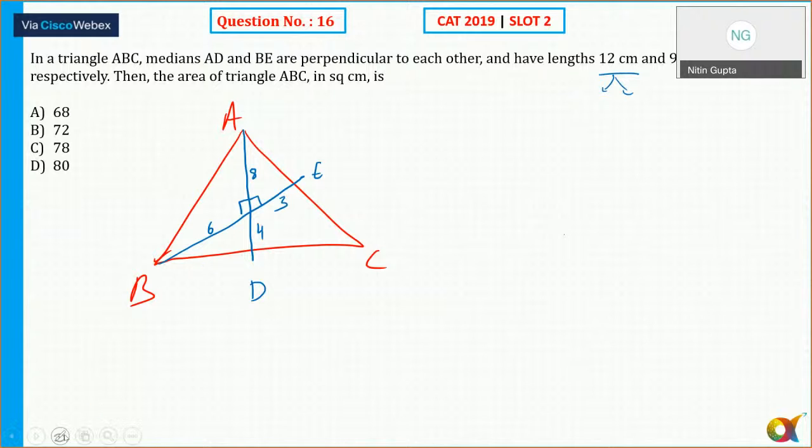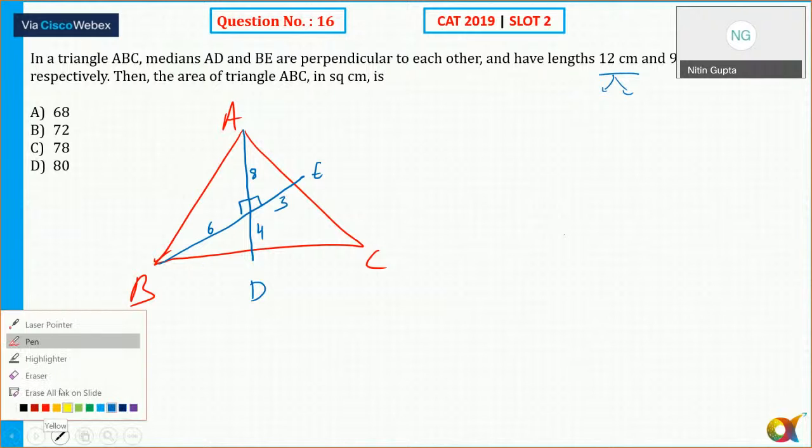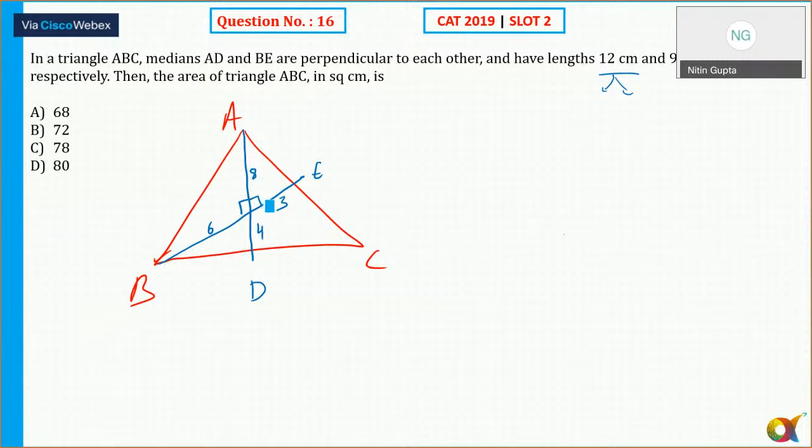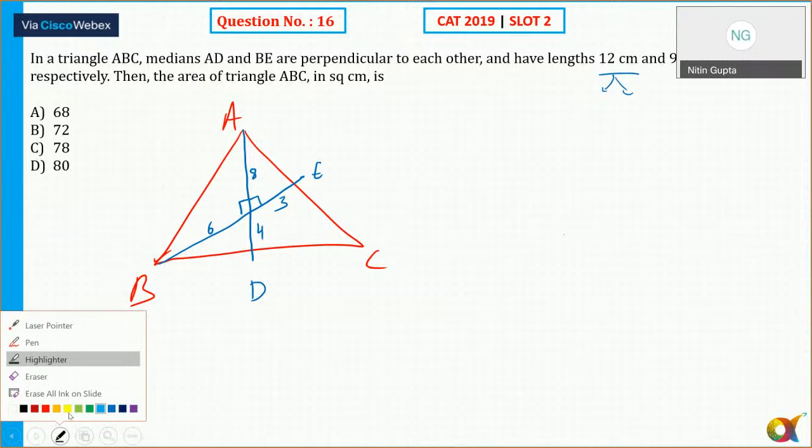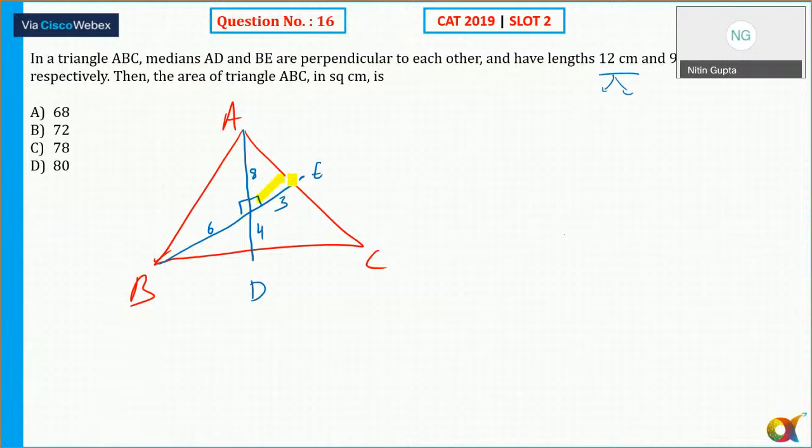Okay. So what is the area of this triangle? All of you, please tell me. Let me highlight which triangle I'm talking about. Area of this triangle here. So area of this triangle is equal to half into base into height.